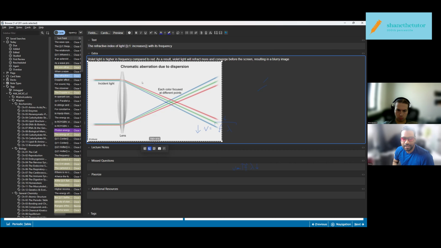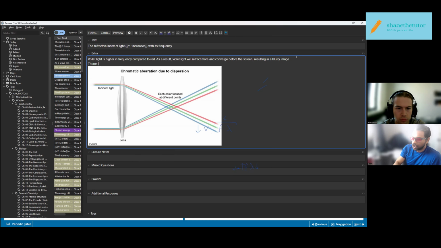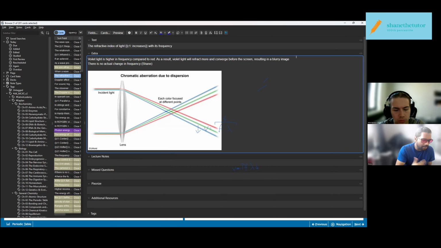Violet light has a shorter wavelength compared to red, and as a result, violet light will refract or bend more. But you're still not having any change in frequency. You can't take violet light and turn it into red light. Red has that lower frequency and violet has that higher frequency.